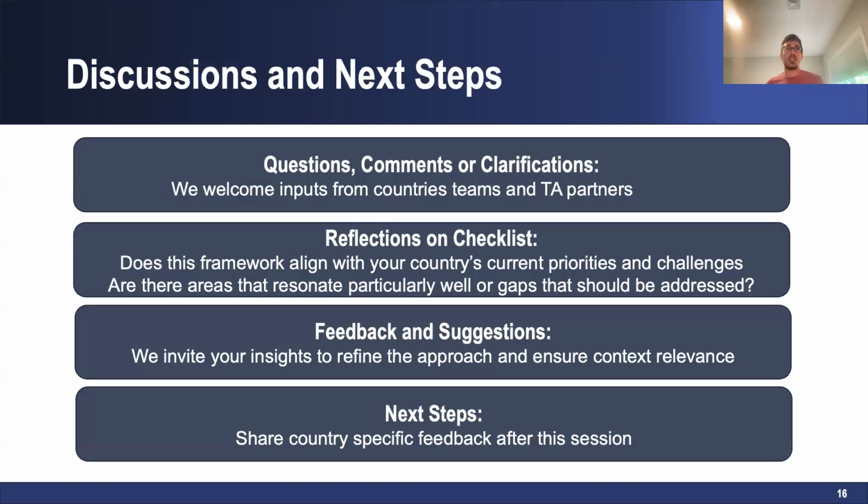But for the discussion, and this could be for the next 10 minutes, but also for later on, because like I mentioned, this is still in draft form. We'd really like information from you along these 4 categories. So questions, comments, clarifications, reflections on the checklist itself. Is it doing what you need it to do? Is it addressing needs you have?